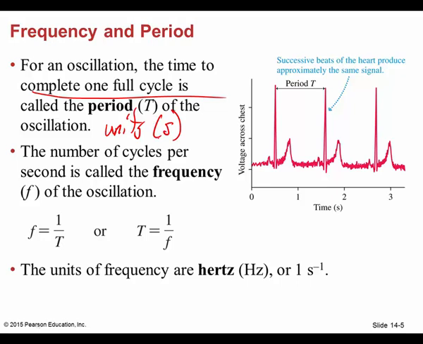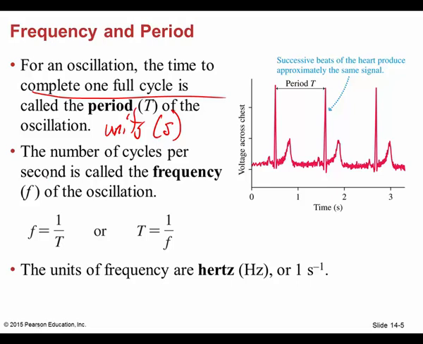Typically that's the way we define the units for period. According to what you're talking about, if you're talking about the period of a planet around the sun, then we would probably do it in Earth days or Earth years. But generally speaking, for studying wave motion and oscillatory motion, we're going to put our periods in seconds.